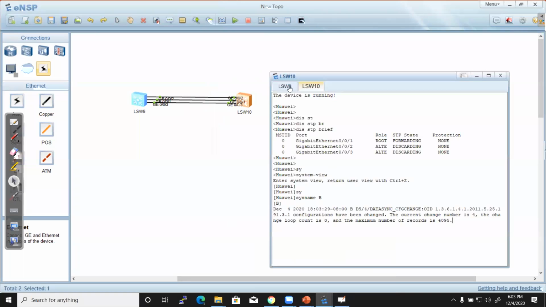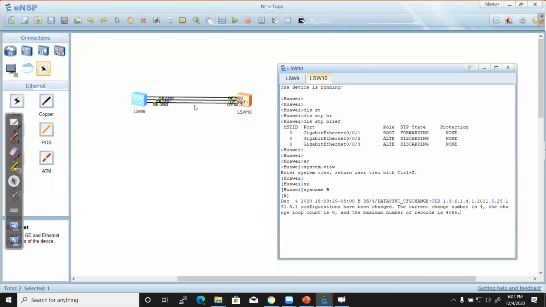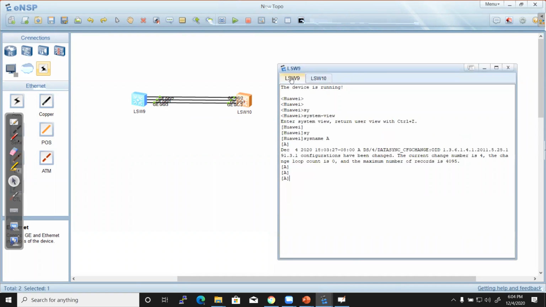So how do we create a bundle of these three physical interfaces? I will jump into the first switch, switch A, and create interface each trunk, and you can put any number from 0 to 63. You can select any number, for example, 10.